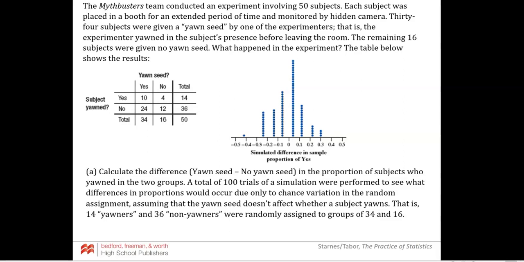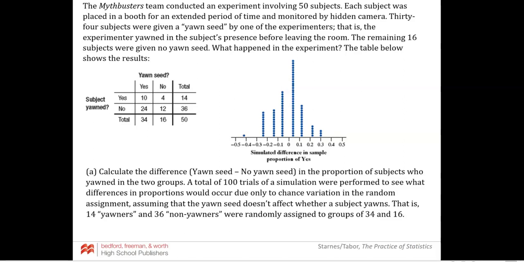So 16 subjects out of the 50 were not given a yawn seed, so they didn't have anything like that. What happened? So evidently, when given a yawn seed, 10 out of 34 people yawned. When having no yawn seed, so no one was baiting them to yawn, only 4 out of 16 did.